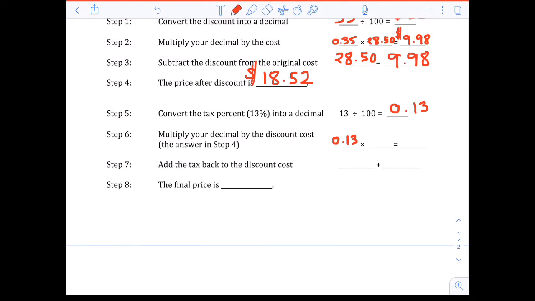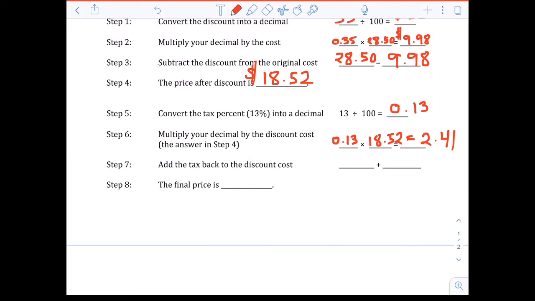So I want to know, what is 13% of $18.52? So I take that number and I multiply them together, and we get $2.41. It was 2.407, but I'm going to round that up because only 2 decimal places for money. So our tax is $2.41.